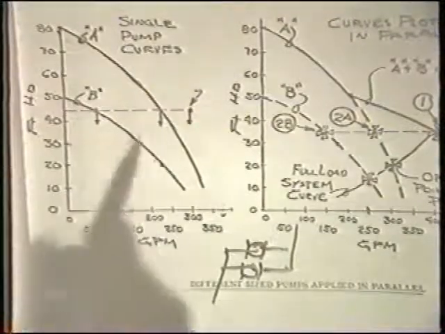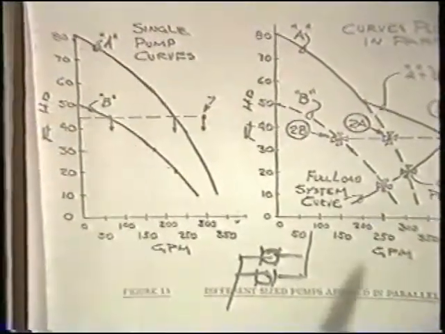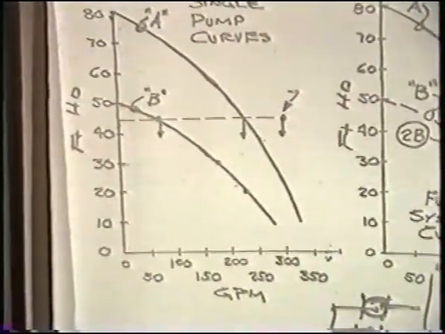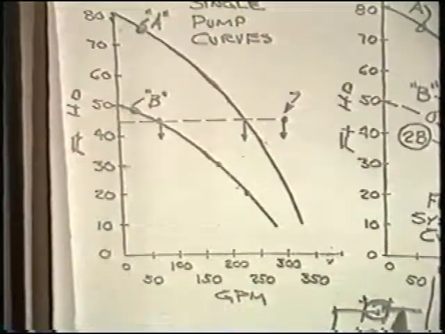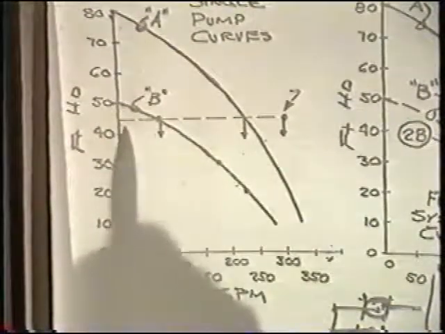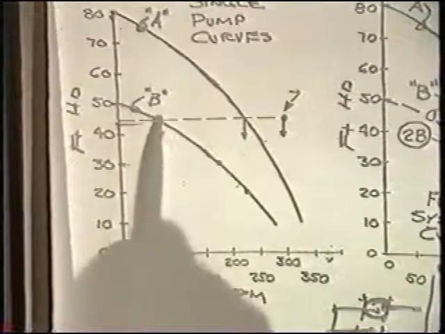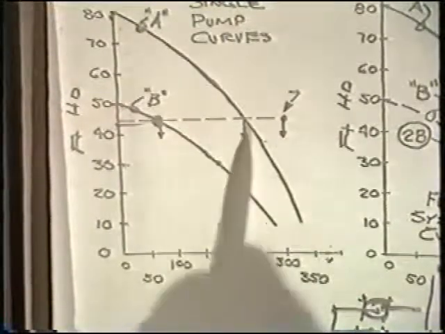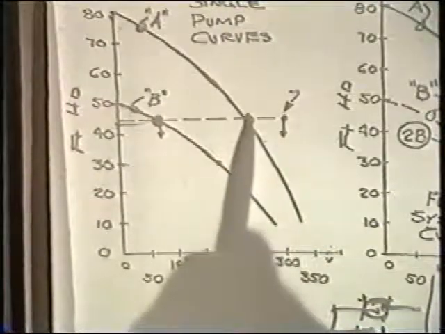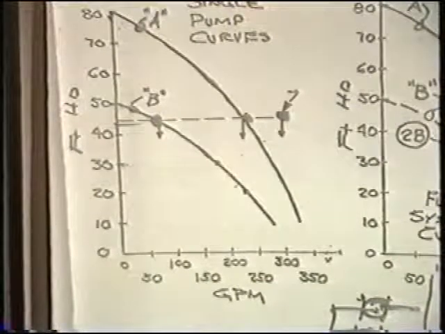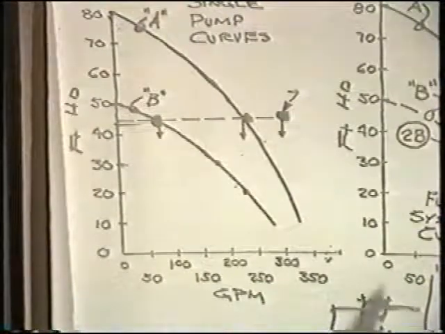In this case, again, we note that each pump must operate at the same head, but for this circumstance, each pump delivers a different flow rate to the system. So at a constant head, we take the flow rate from the small pump, in this case pump B, add that to the flow rate for pump A to achieve a flow point as described by point C.